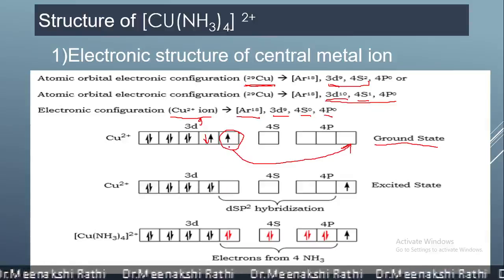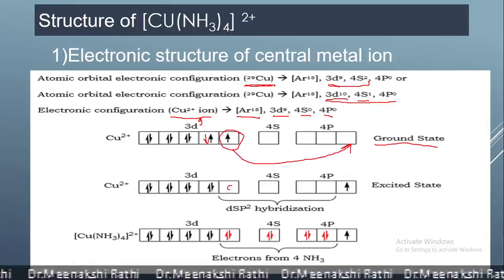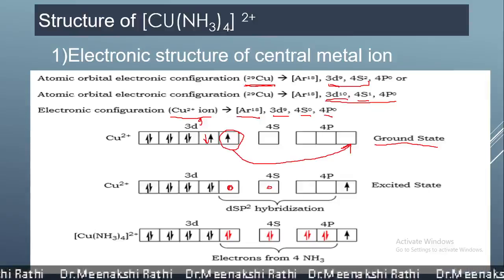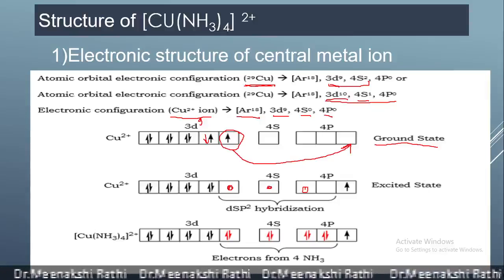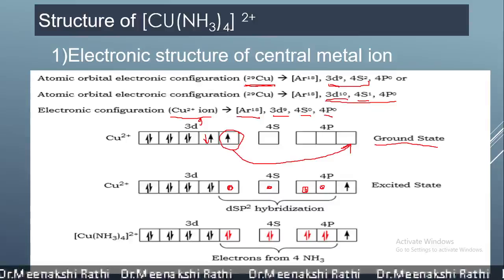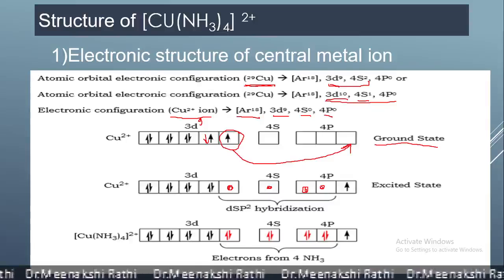Because of shifting this electron to 4p, one d orbital becomes vacant, and the 4s orbital and 2 4p orbitals undergo hybridization, forming 4 vacant dsp2 hybridized orbitals.